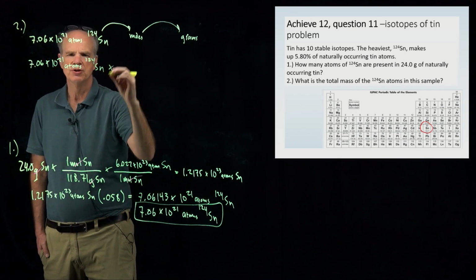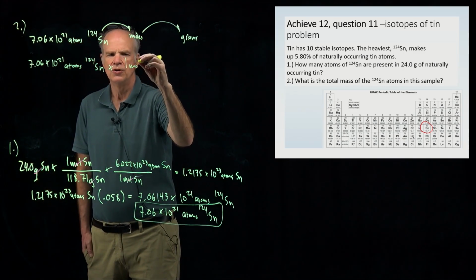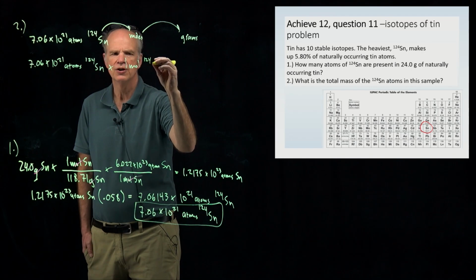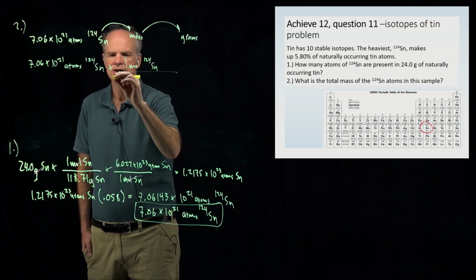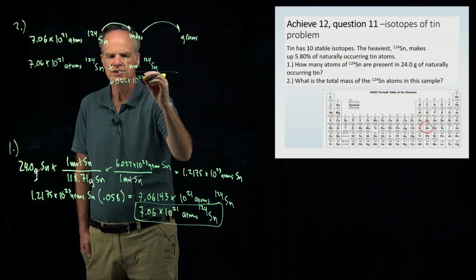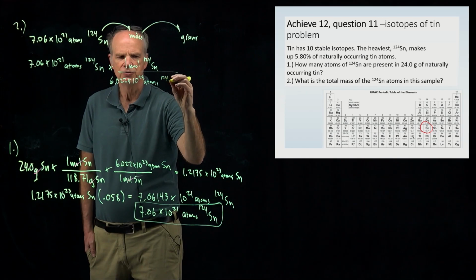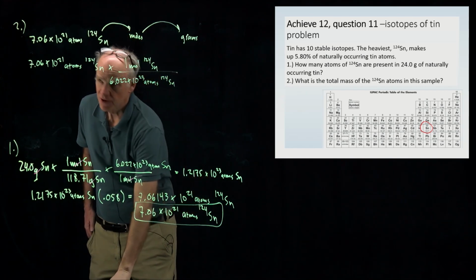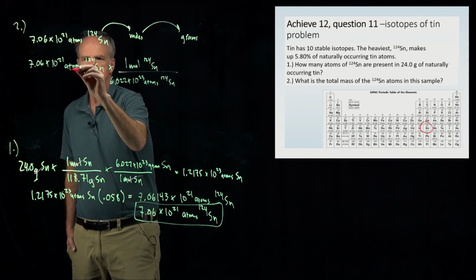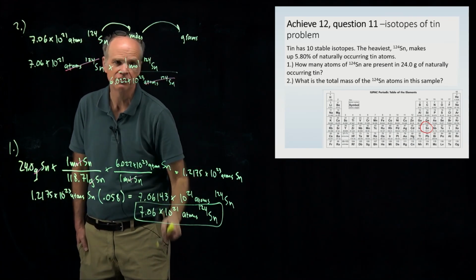And we're going to get this into moles, and so you need Avogadro's number. So, 1 mole of 124 tin over 6.022 times 10 to the 23 atoms of 124 tin. So at this point, the atoms of 124 tin cancel out. We're now at moles of 124 tin.